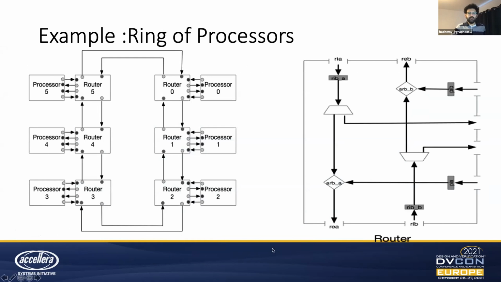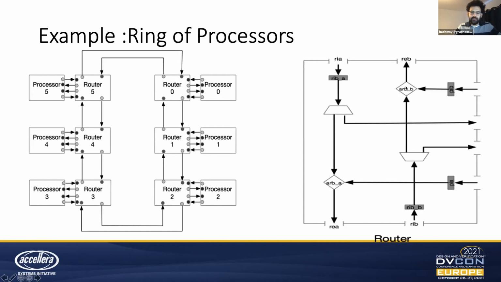Now here's an example we've built. We have 6 processors talking to each other through 6 routers, and this is the structure of the router here. You have a stream coming locally, and then a stream that is coming from the attached router, and in each direction you have a ring of processors here.